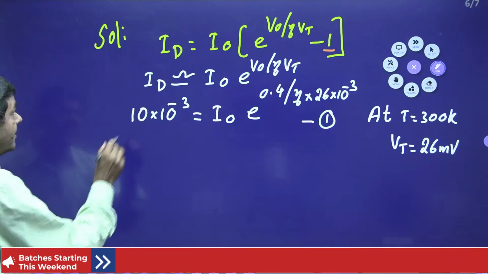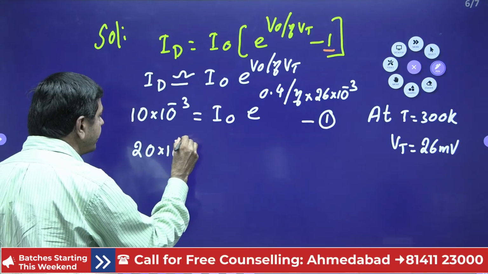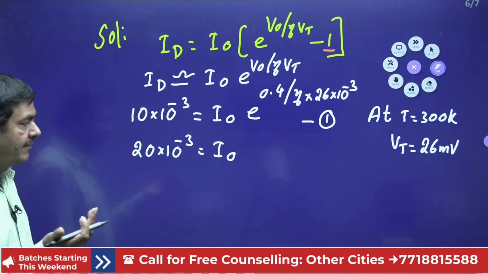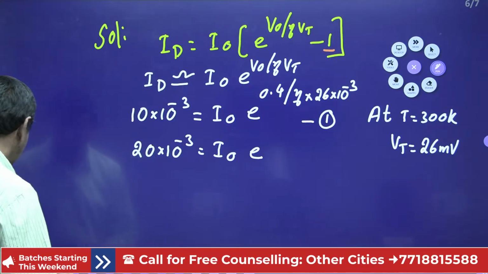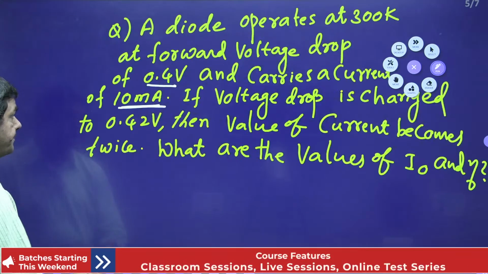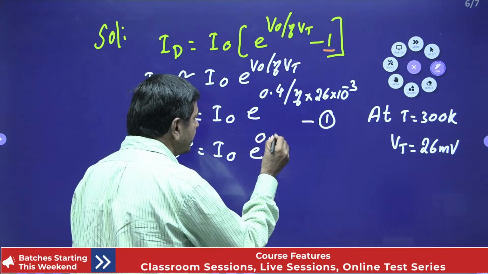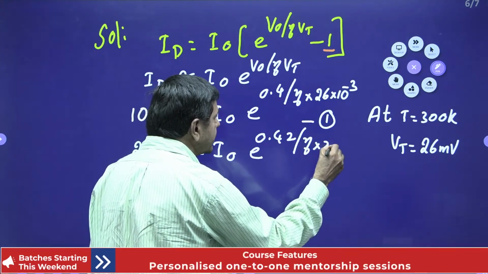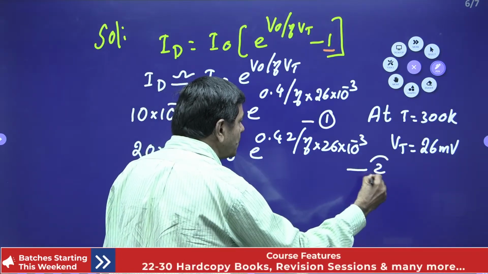The second equation is 20 into 10 power minus 3 equals I naught, which is the same and will not change because the diode is the same, into e power 0.42 divided by eta into 26 milli. Vt is the same. I take this as equation number 2.